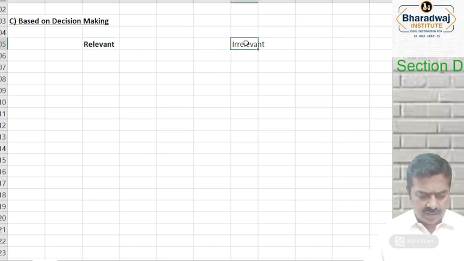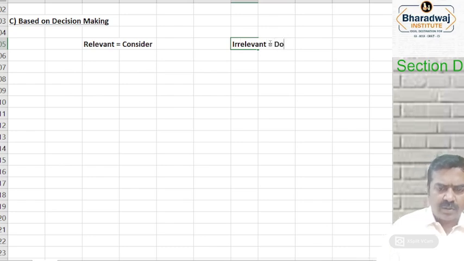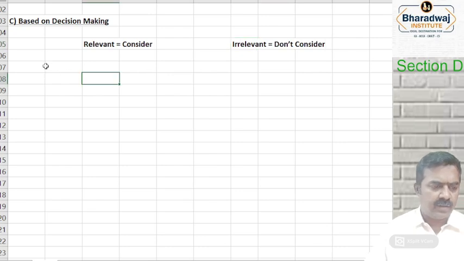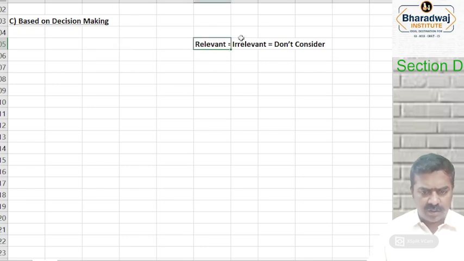Relevant means yes, we consider the cost for decision making. Irrelevant means don't consider. We'll see one by one what is to be considered, what is not to be considered.